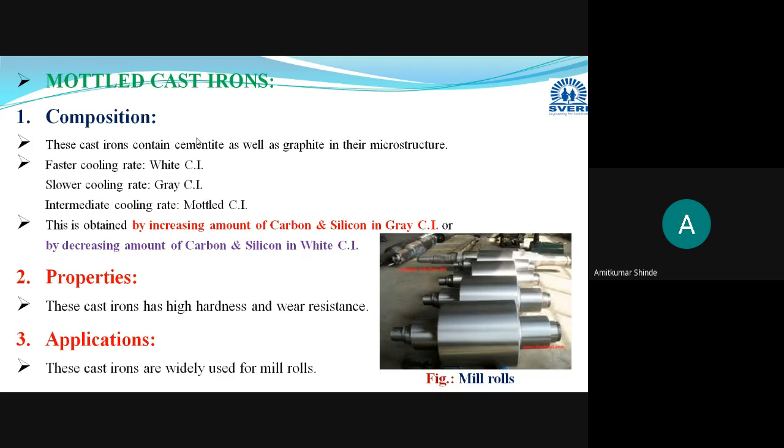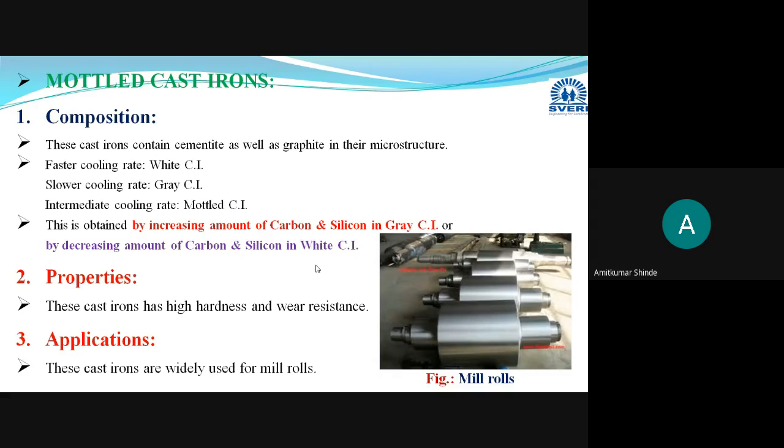If you have taken gray cast iron, then by increasing the amount of carbon and silicon in gray cast iron, or by decreasing the amount of carbon and silicon in white cast iron, you will end up with the mottled cast iron microstructure. Now, as it is a combination of white cast iron and gray cast iron, the combined properties will be there.